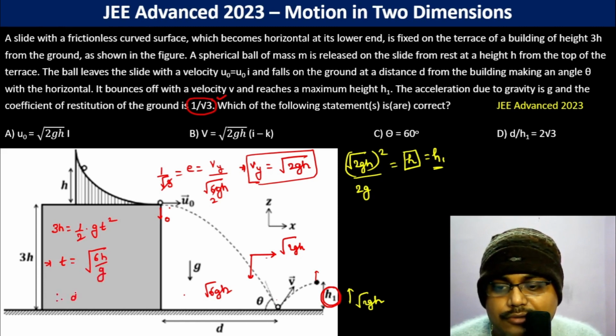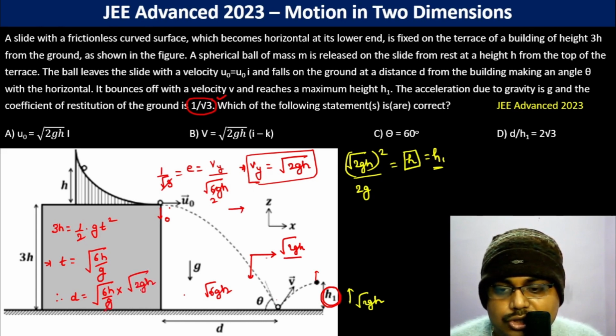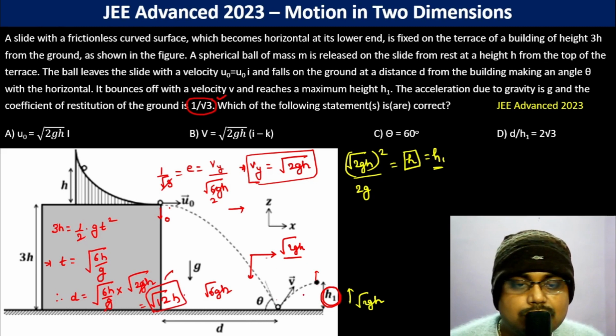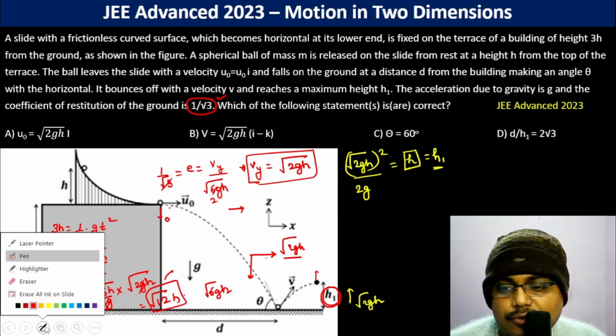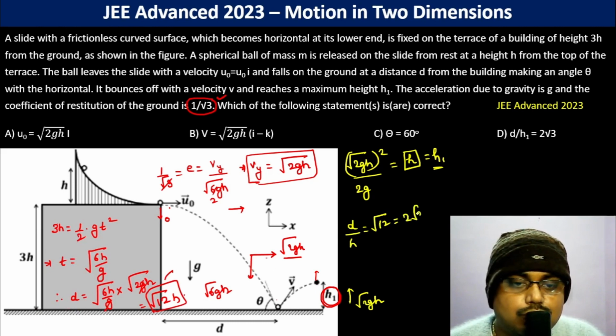Therefore d becomes root over 6h by g into the velocity in this direction, root 2gh. So g is gone, and this is root over 12 into h. So this is d. So d by h is root 12, which is 2 root 3.